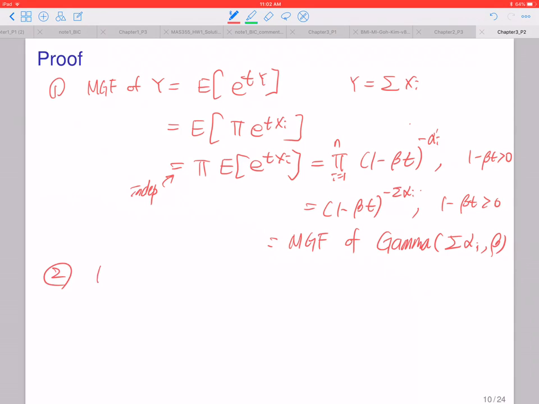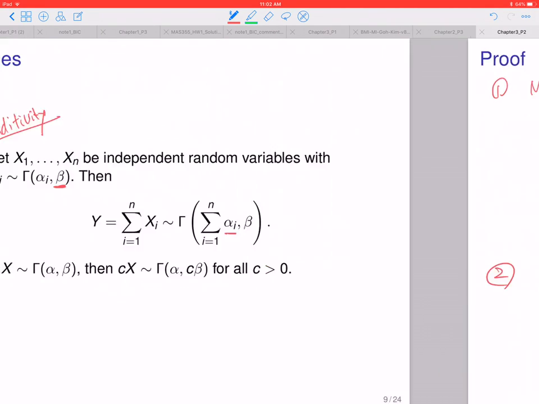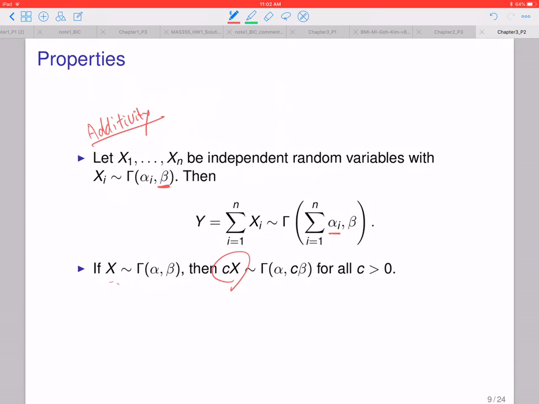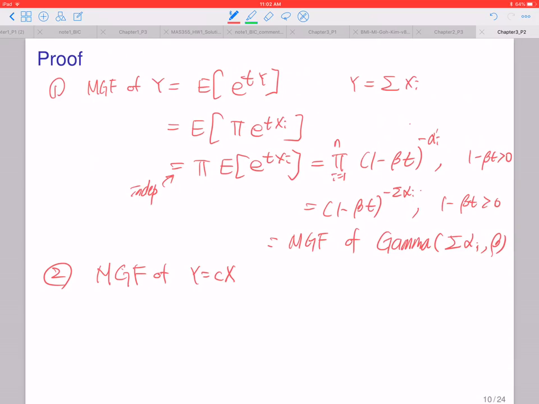The second part is the MGF of Y = cX, the same story. So the second part is the scale. If you multiply by a constant, then only the scale parameter changes. So E[e^(tcX)], right?